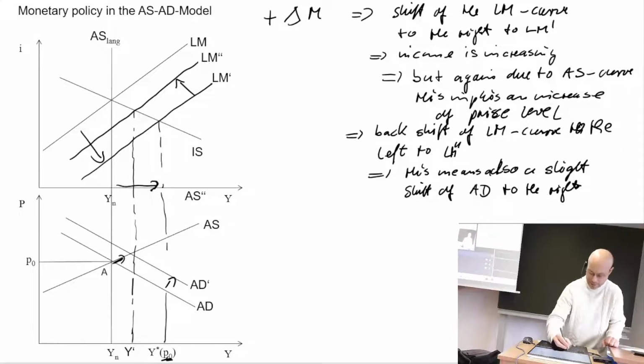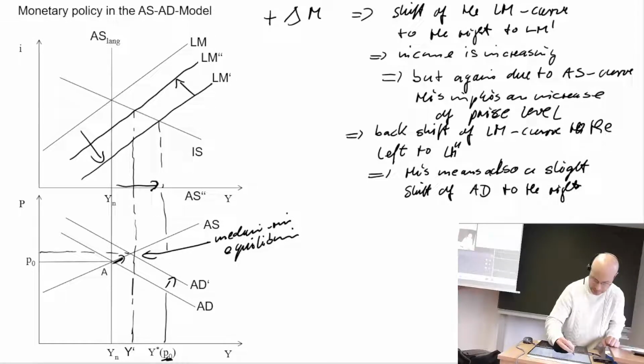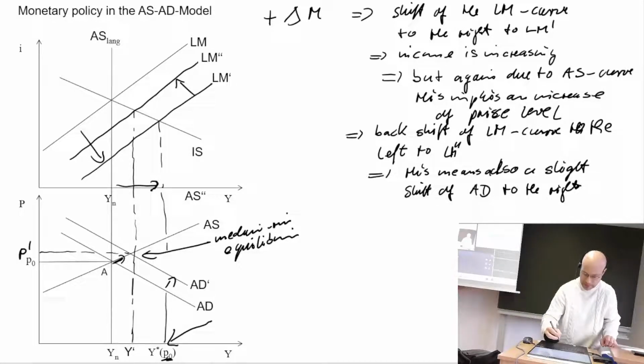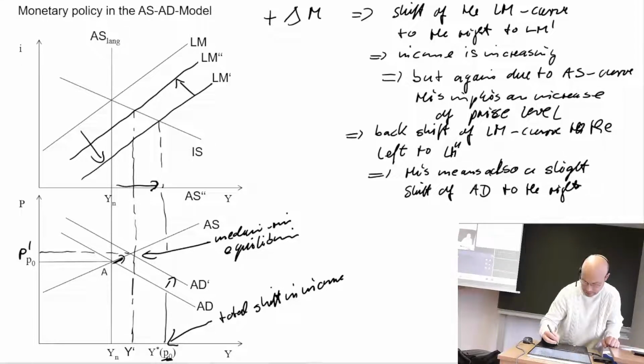And then we would have here our medium run equilibrium in the AS-AD model with a slightly higher output. This would be again the total shift in income due to the ISLM model, but this is at constant prices.